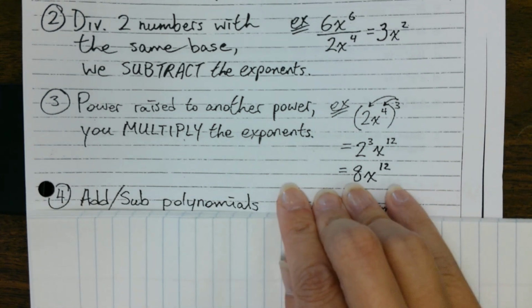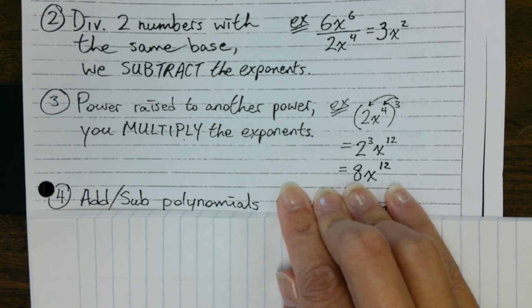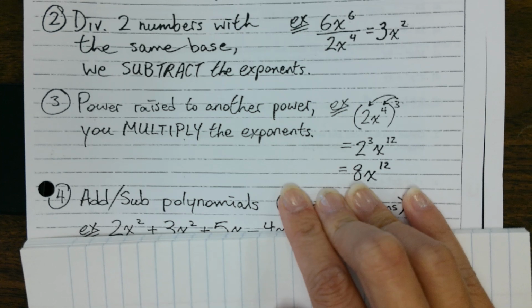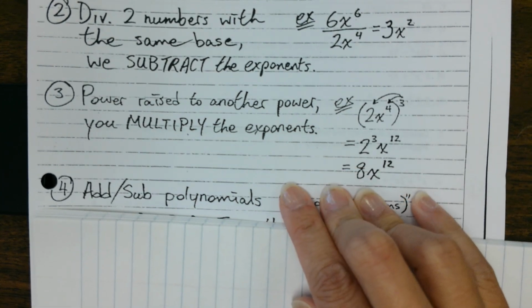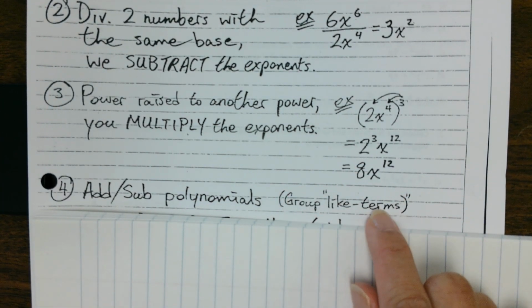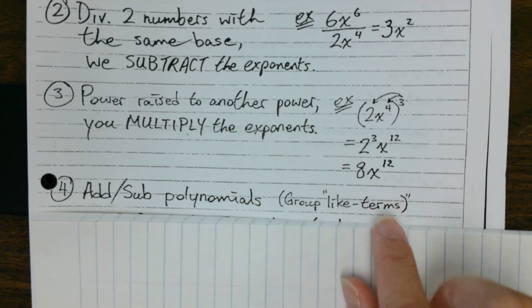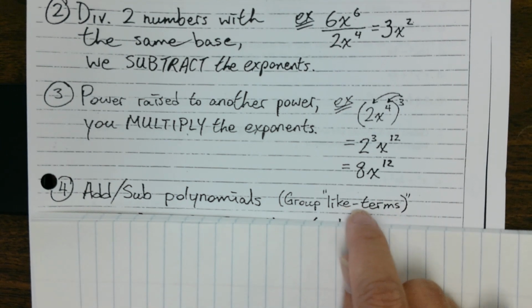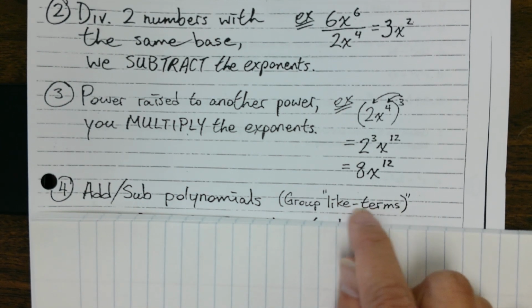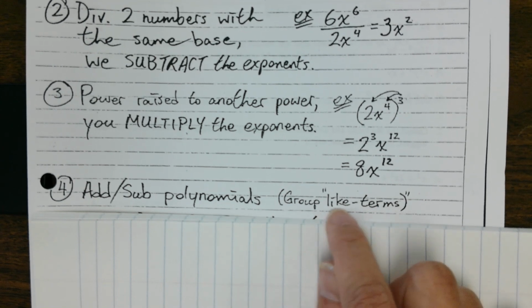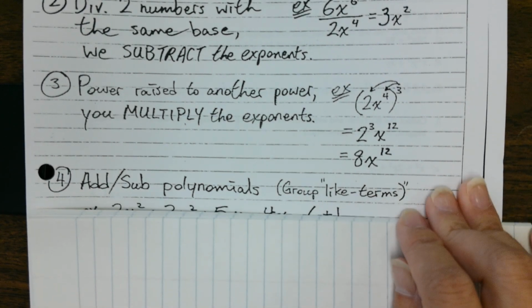So now, the second half was when we added and subtracted polynomials. So, in other words, group like terms. Okay. The word like terms, you'll use it a lot. You'll use it in grade 9, you'll use it in grade 10. Make sure you know what are like terms.